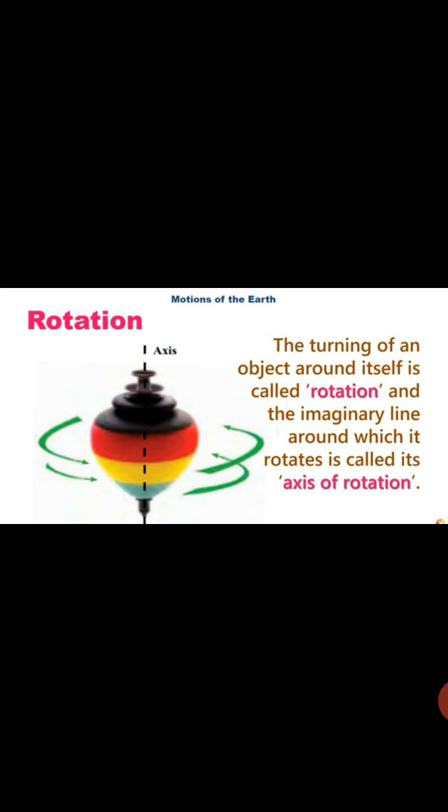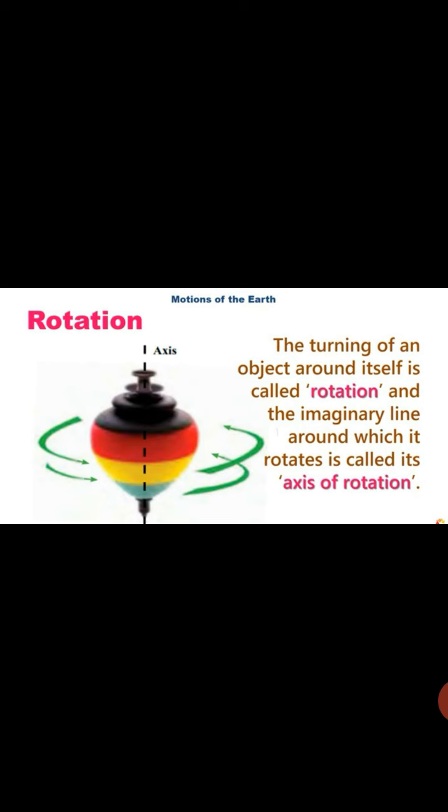These are not real lines. When we rotate the top, we create an imaginary line. The turning of the object around itself is called rotation, and that imaginary line around which it rotates is called the axis of rotation.